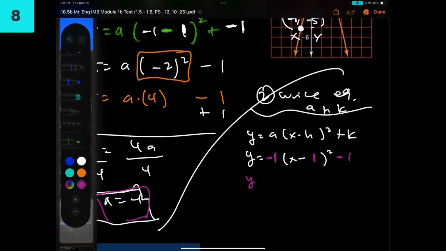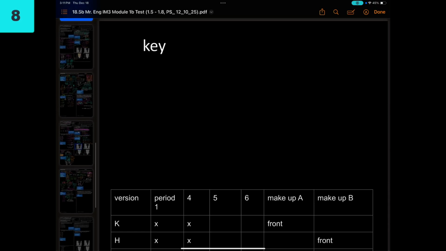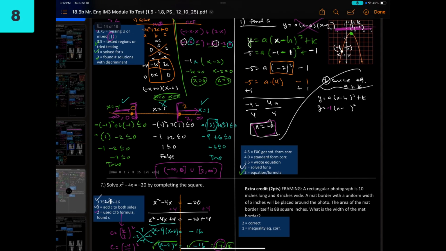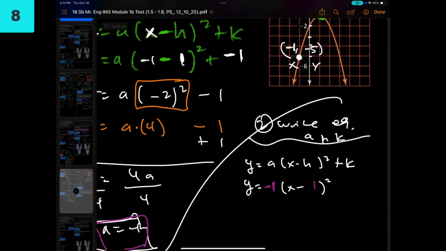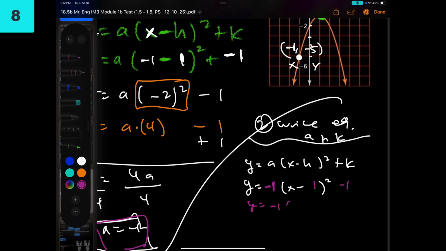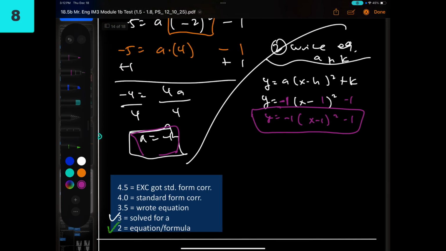So your equation is this. Okay, if you got there, then I give you 4 points for just having the correct answer, right equation. So really that's 4 points.